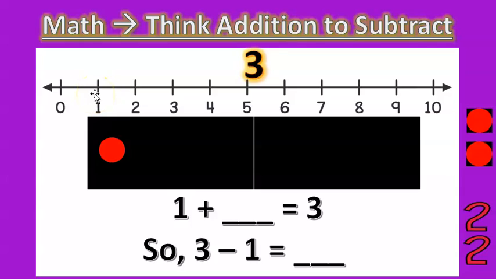Remember, we're gonna count by ones. Say it with me. I am going to count by ones. Okay, you're going to count by ones to get to your answer. Now, let's do this together.